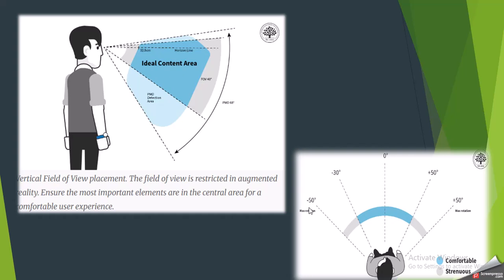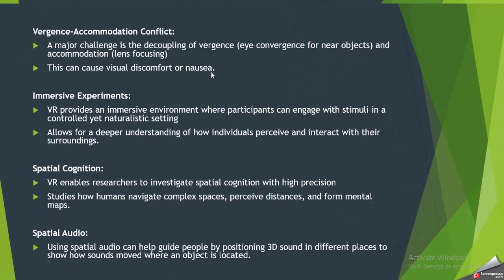Minus 50 to plus 50, they say, is strenuous, so there we should not place the objects. So the field of view is restricted in augmented reality. We should always keep the important elements in the center area, in the ideal content area.